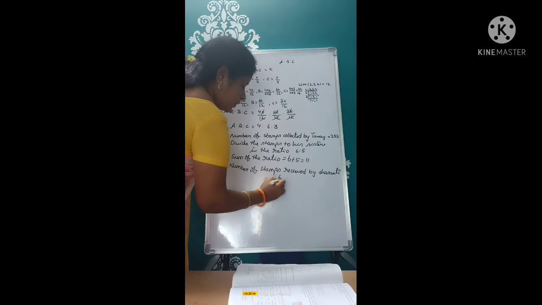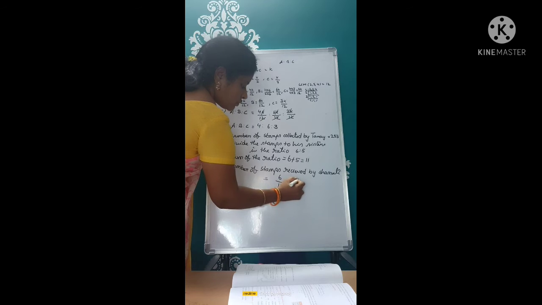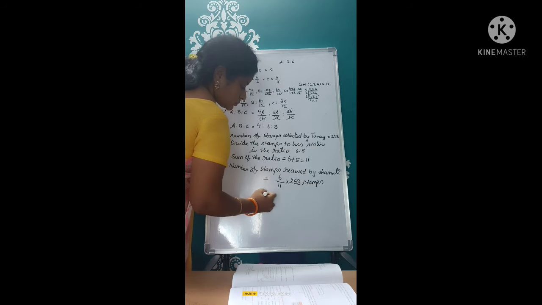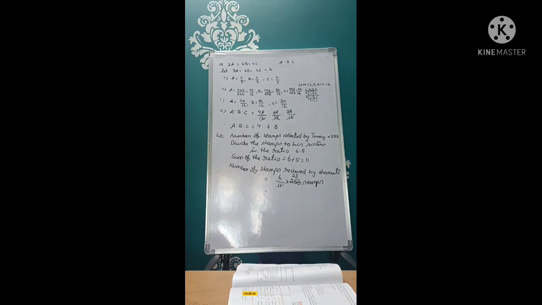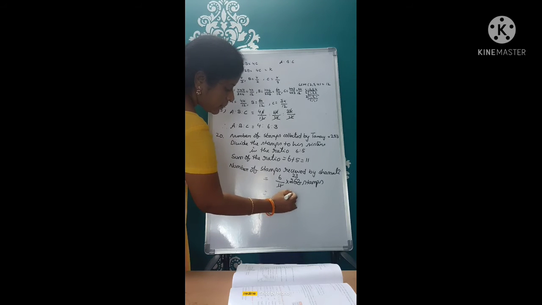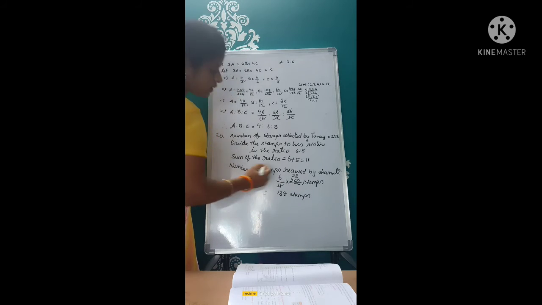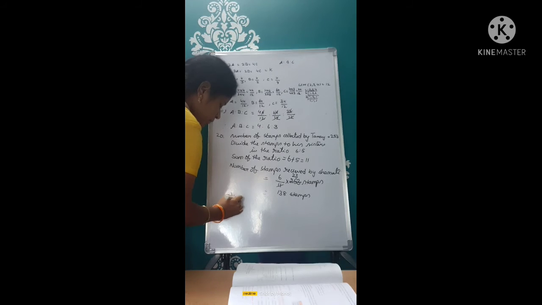So 6 by 11 into total number of stamps 253. 11 23s are 253. Okay, 23 times 6: 3 6s are 18, 6 2s are 12 plus 1 is 13, so 138.